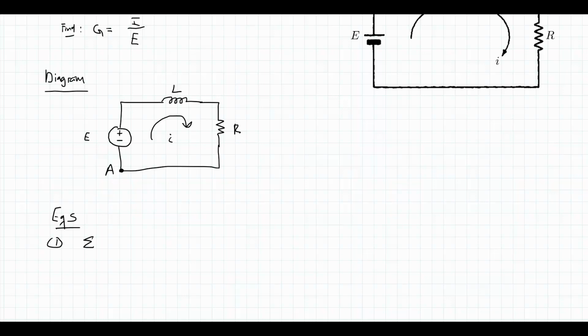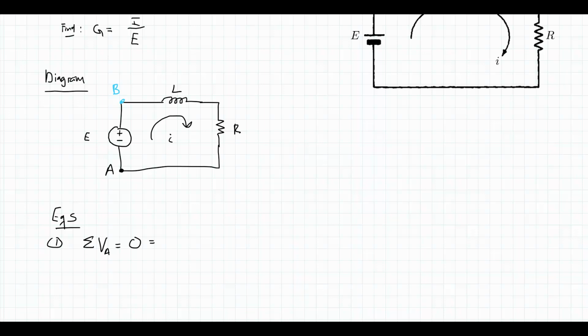So for my equation 1, I am going to sum the voltages at A, and I know through KVL that it has to sum to 0. All right, so I'm going to start in that bottom left corner at A. I'm going to choose to go with the direction of the current, so with I. And I think that'll make this calculation a little bit easier. All right, so I'm going to go through to B, which I'll mark here.